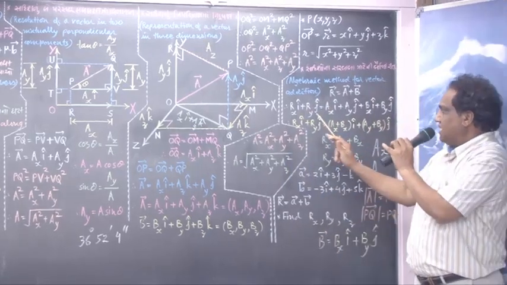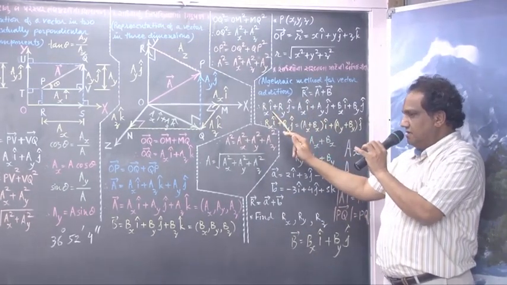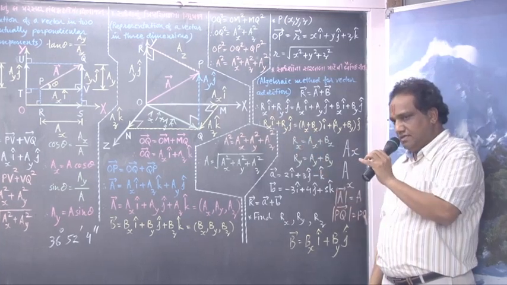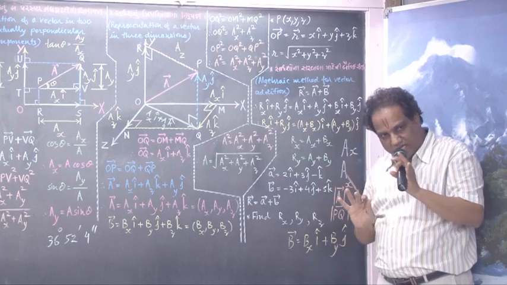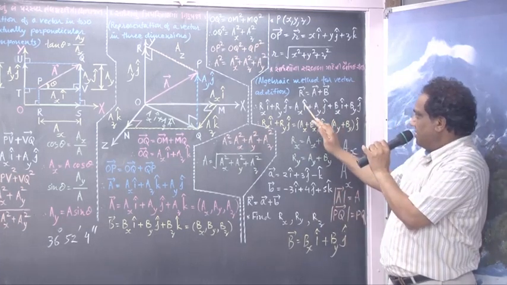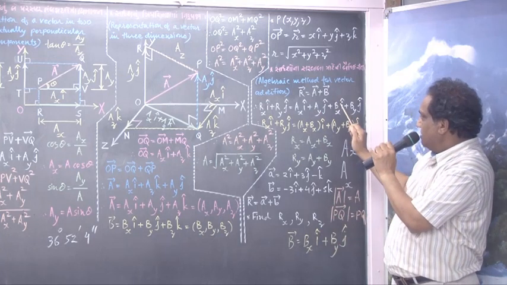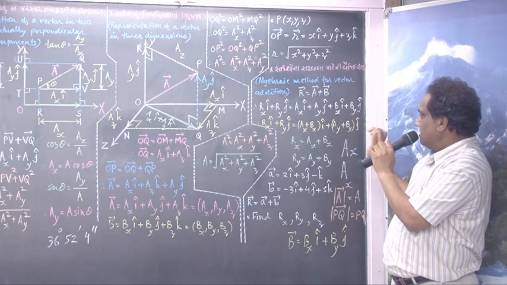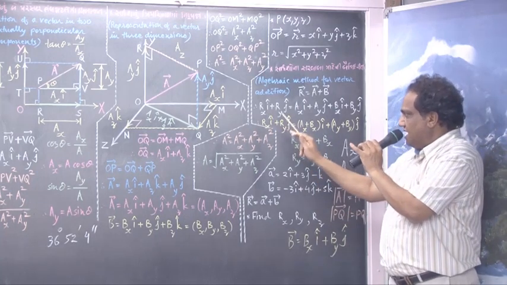Similarly, in 2 dimensions, vector R equals rx I hat plus ry j hat. So for vector A, ax I hat plus ay j hat, plus for vector B, bx I hat plus by j hat.